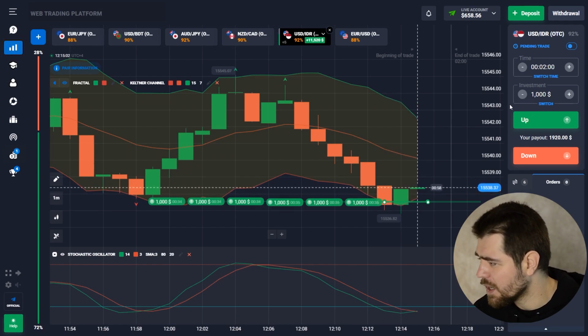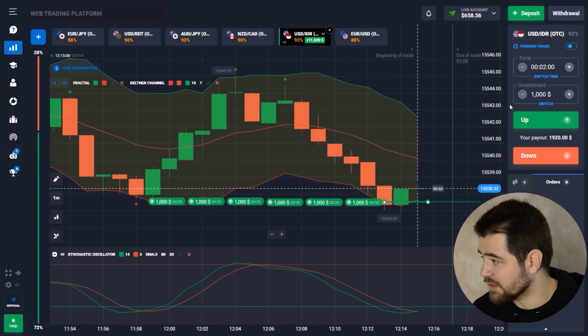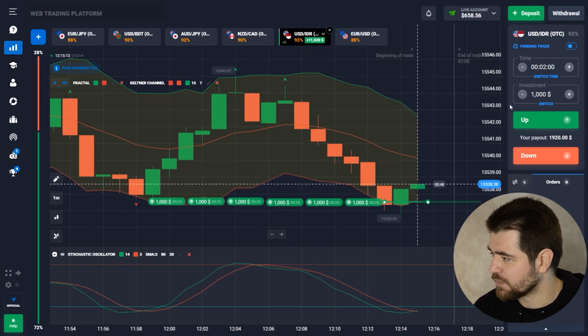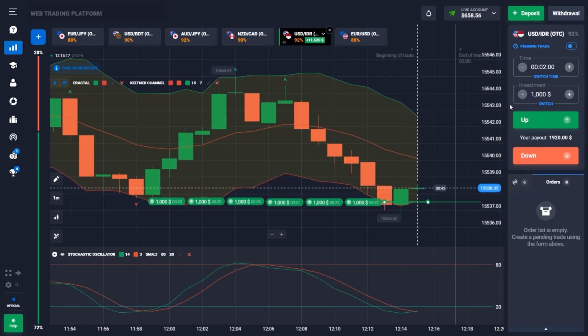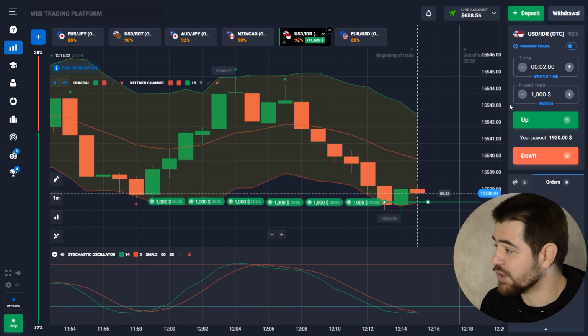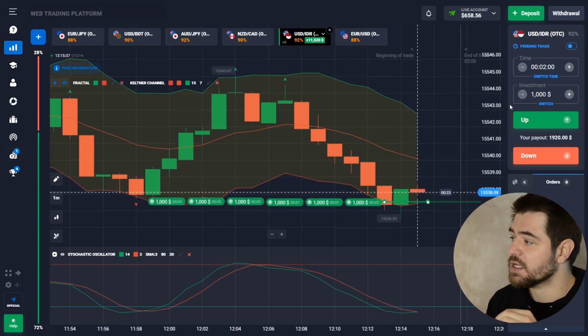Also we have the fractal on, which I'm looking at, though not always using it. If you look at the fractals, you always have to look at the one before to make your next move.